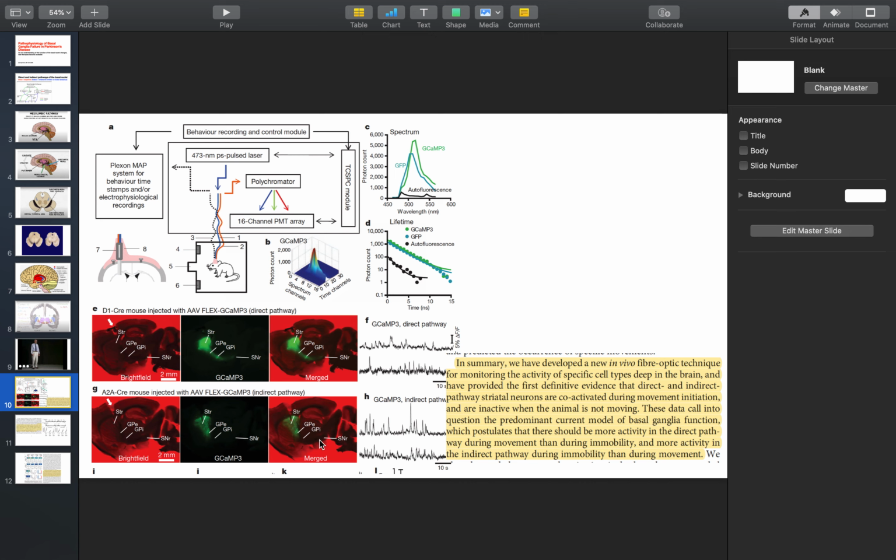So you can see that there appears to be less activity at the substantia nigra pars compacta.